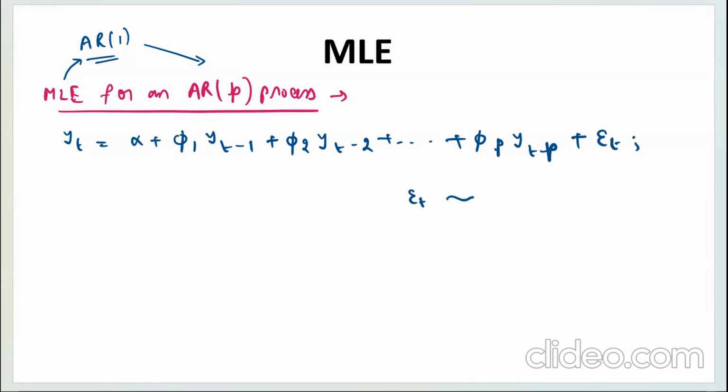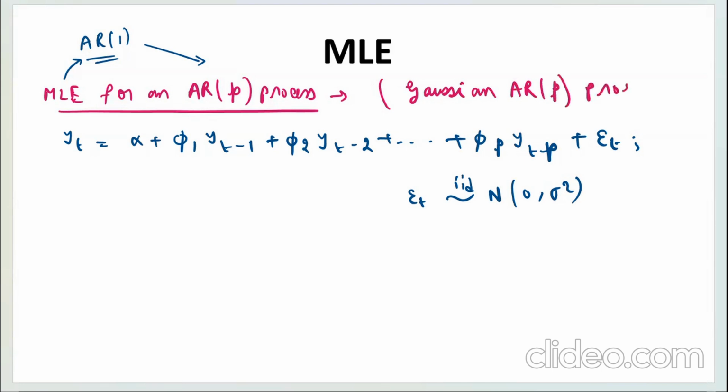Now this epsilon t follows IID. Instead of taking white noise, I am assuming it to be normal. So this is basically a Gaussian AR(p) process. Gaussian means that simply the epsilon t's are following a normal distribution instead of white noise.